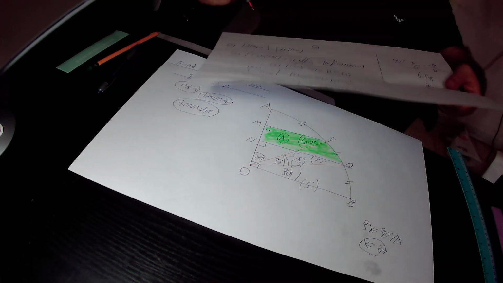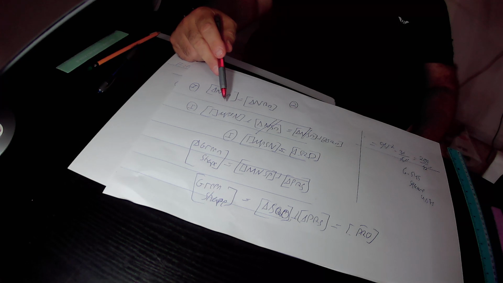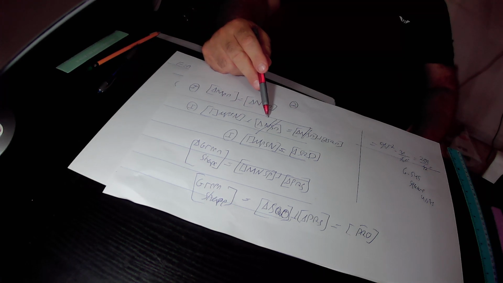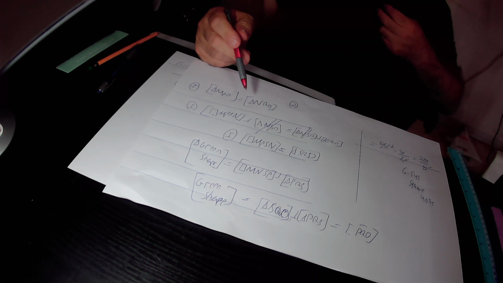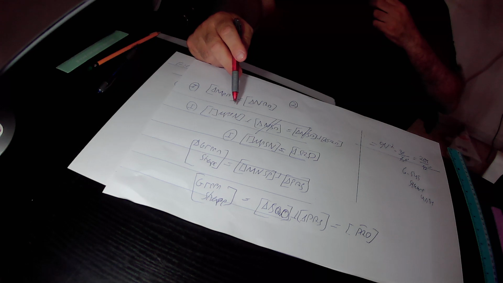The right triangle MPO consists of quadrilateral MSPN and the right triangle NSO.